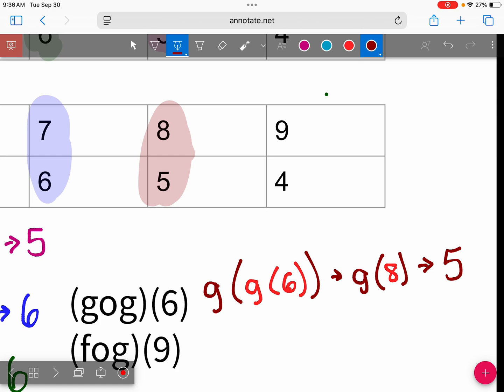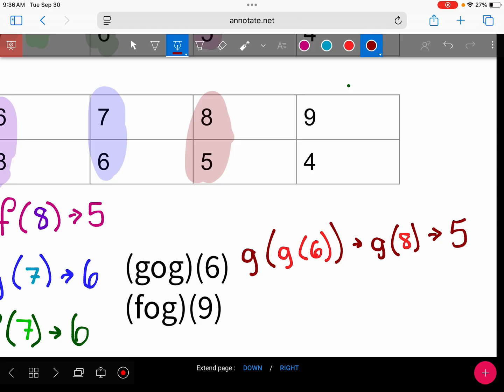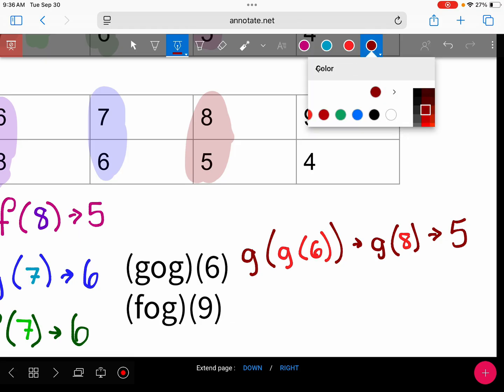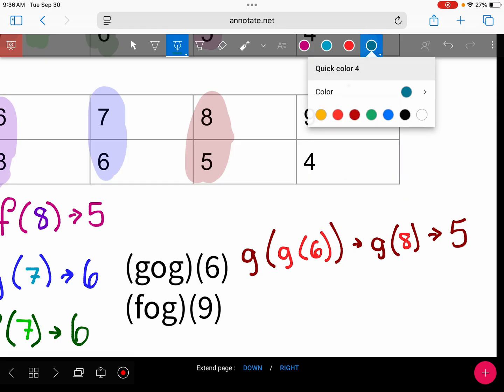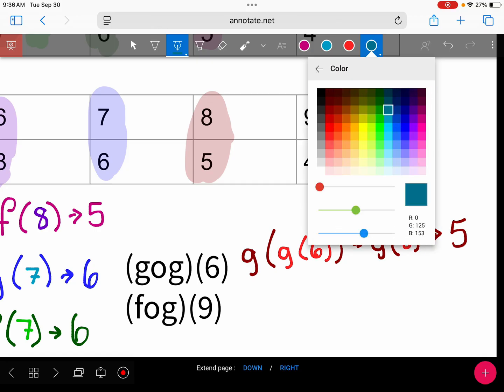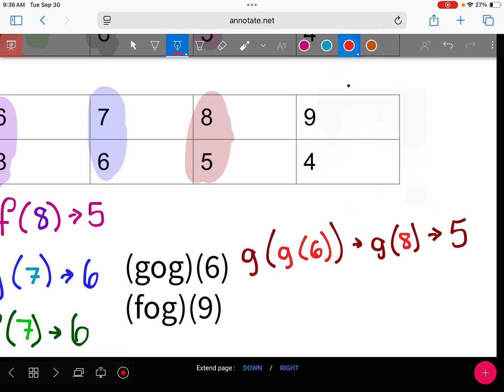One left to go. Very last question of the chapter. So we're doing our f of g of 9. Orange and yellow, I guess.